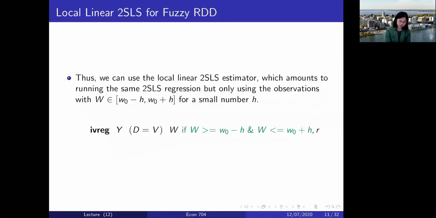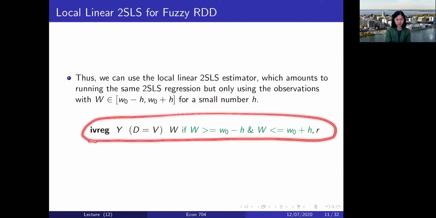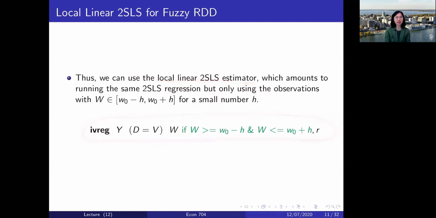That gives you the local linear two-stage least squares estimator. So that's how you use the local linear two-stage least squares to get a consistent estimator for the causal effect of a dummy variable in a fuzzy regression discontinuity design.